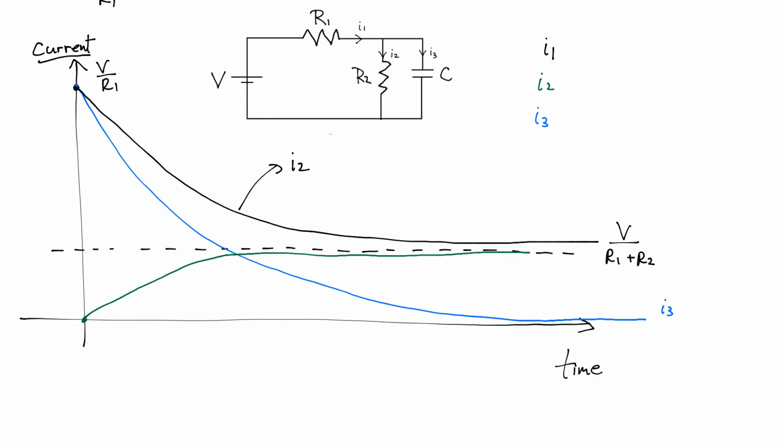Here's the current I3, and I2 is the green one over here. Oops. This here should say I1, as I said. There you go, folks. So there are the three currents for an RC circuit where we have a resistor and a capacitor in parallel to one another.